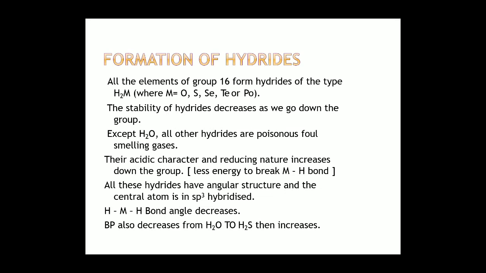The stability of hydrides decreases as we go down the group. Upper members are more stable in comparison to the lower members. Example, water. All other hydrides are poisonous, foul smelling gases, where water is the exception.